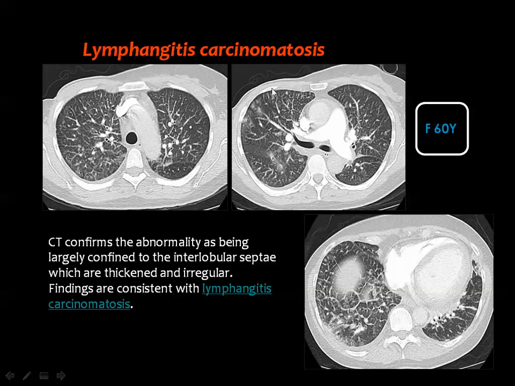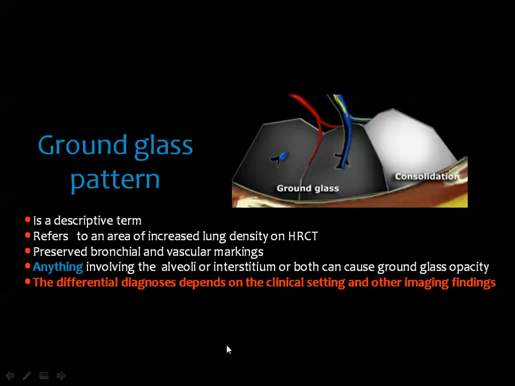You see that the shadow of the right breast is not there, denoting that this is a breast cancer patient with lymphangitis carcinomatosis. Then we have finished with the first pattern, which is the reticular pattern.